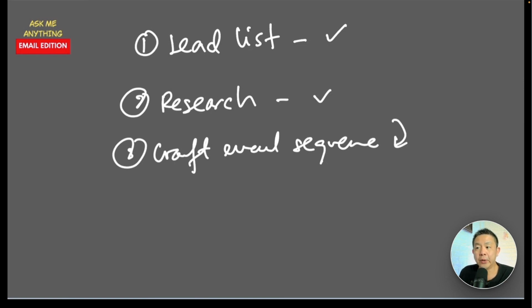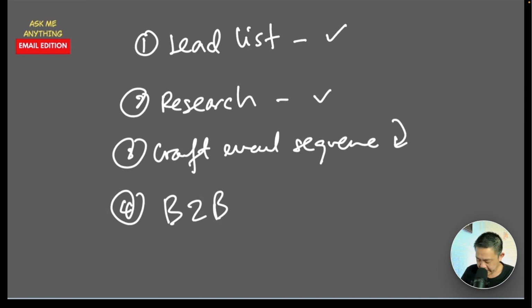So if you have a small list or you are in B2B, and this is important, it works best if you're in B2B. If you're in B2C consumer, then it'll be a bit more difficult. For example, if I'm going to target ladies who have an interest in jewelry, that's too broad. That one you use ads, right?